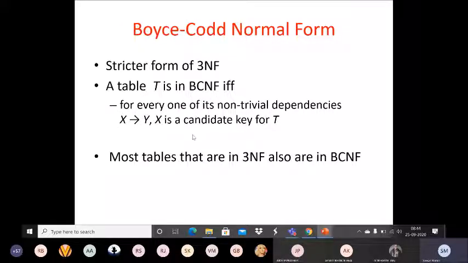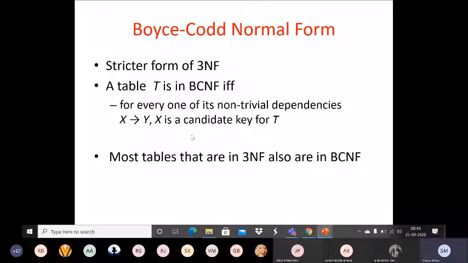I am repeating, part of a candidate key is allowed in 3NF, but in BCNF it should be the whole candidate key.